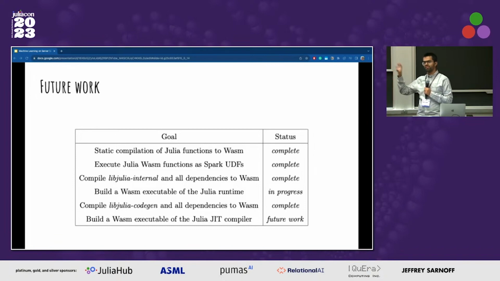What we mean by in progress is that implementations do exist today, but they are by no means production ready, right? And finally, we would ideally want to build a just-in-time compiler executable for WASM. That is one of the future works. And if we are able to build that and have the actual Julia code run inside of WebAssembly, that would interface very well and add support for running it on WASM.